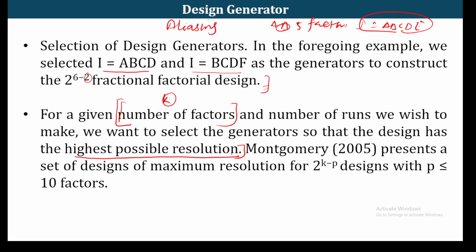According to Montgomery, we have to keep the highest possible resolution so that we get a better estimate of the effect of factors, whether that is the main effect or an interaction effect. Montgomery presents a set of designs with maximum resolution for 2 to the power k minus p designs with up to 10 factors. That p can be 1, 2, 3, 4, 5, 6, whatever you want, depending upon the number of factors.